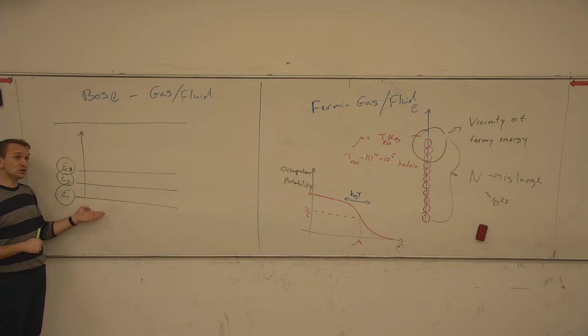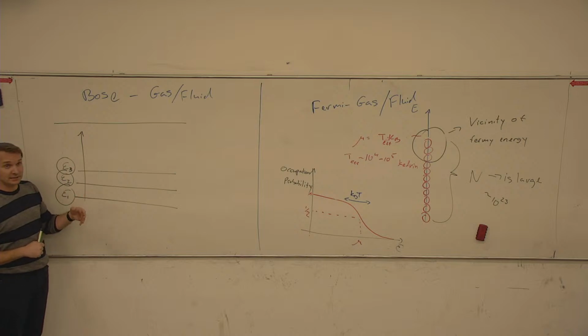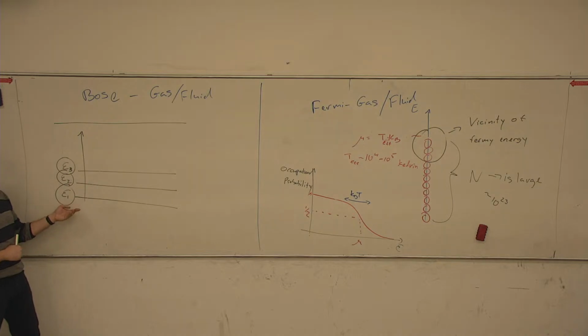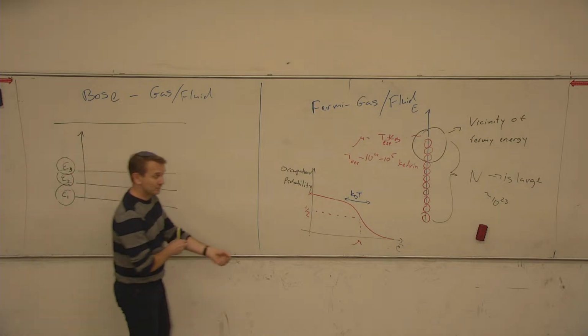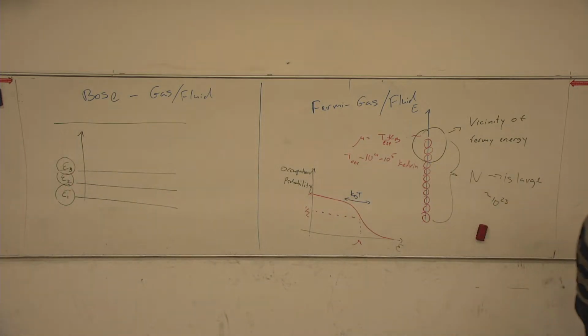For the partition function, I need to count all the different states and energies of the system. And since the energy of the system is simply the sum of the energy of level 1, energy of level 2, and energy of level 3, it is an additive function. And all the different levels don't care about each other. We explained it last week.